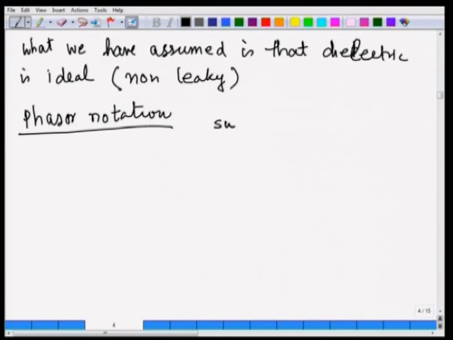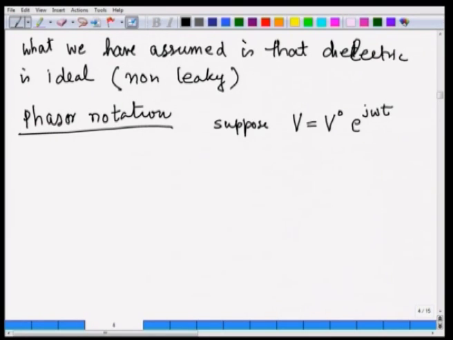Suppose V is the voltage that we have applied, an AC voltage, and this is equal to V naught, which could be a spatially dependent quantity, times e to the power j omega t.